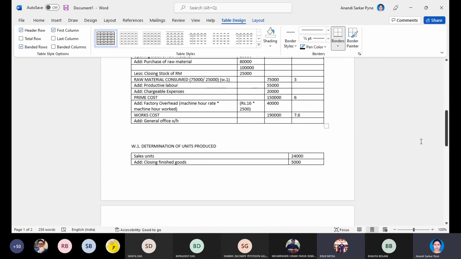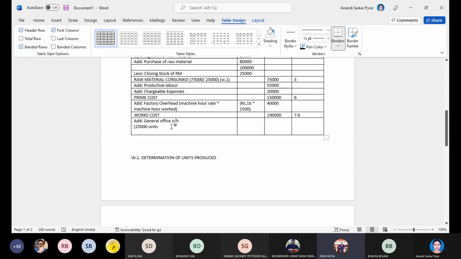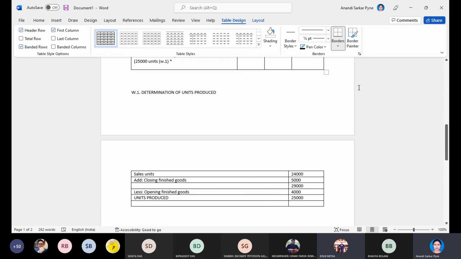Units we know are 25,000 units. Where from have we got this? From workings 1. We multiply this with 2.4.